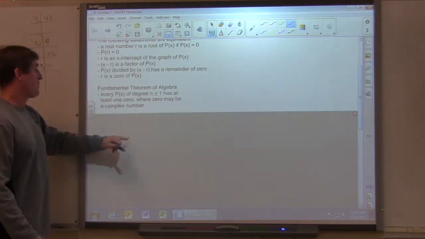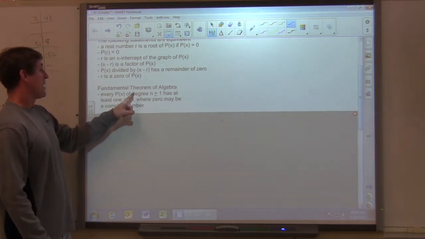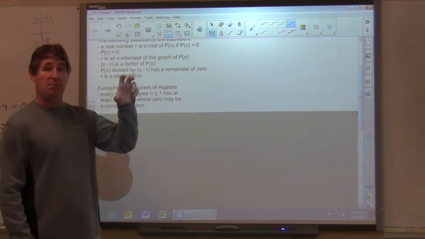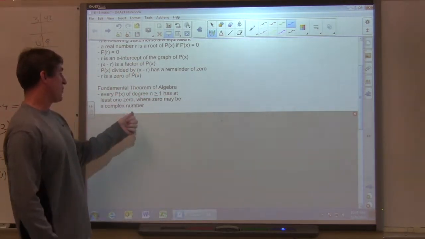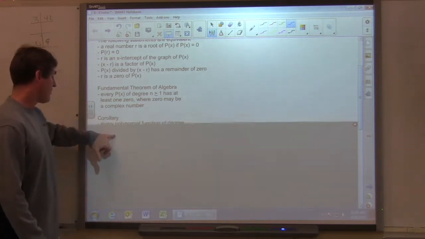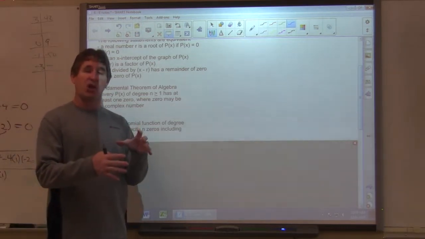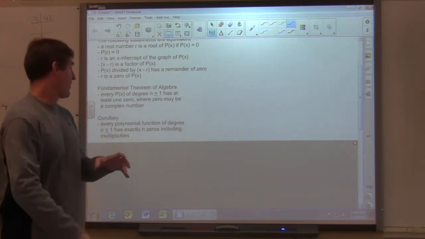So the fundamental theorem of algebra, we've talked about this. It says every polynomial p of x of degree n greater than or equal to 1, so as long as the highest power on the variable is greater than or equal to 1, has at least one 0, where 0 may be a complex number. And the corollary off that, remember, if you remember back to your geometry, corollaries are off of another theorem.